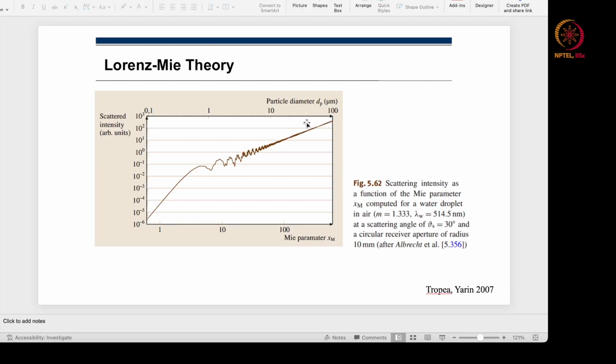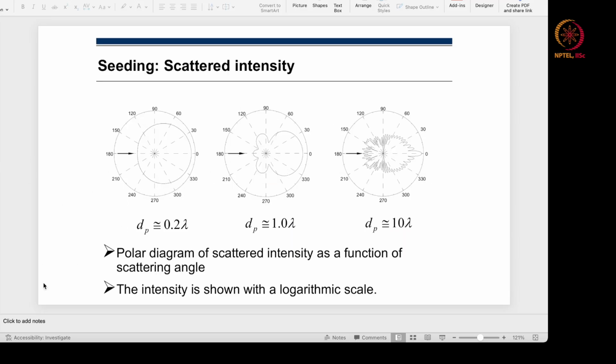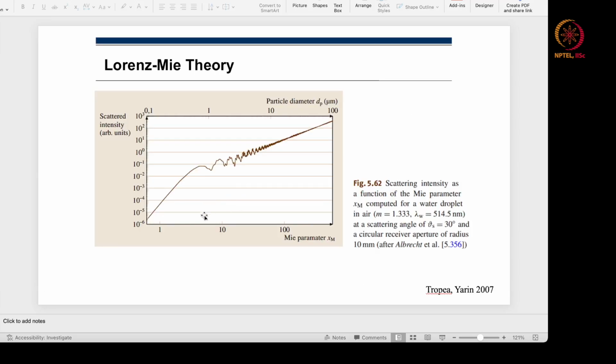For example, the scattered intensity is a function of the Mie parameter for a water droplet in air, where the lambda of the light is about 500 at a scattering angle of 30 degrees. All these scattering angles are given over here, so you can see how the intensities actually change.